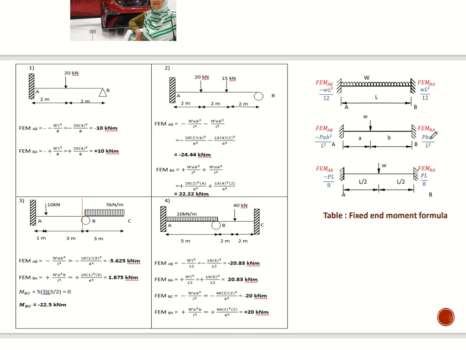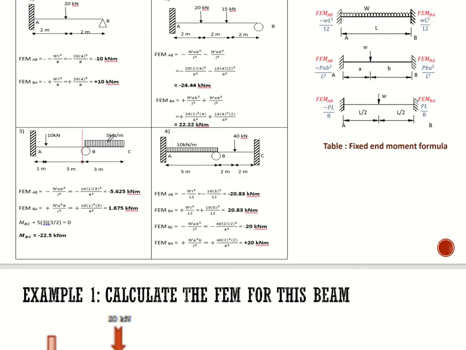So we have three different formulas that we're going to use to find the fixed end moment, for the right side of the beam and the left side of the beam. Okay, now let's look at the first example.